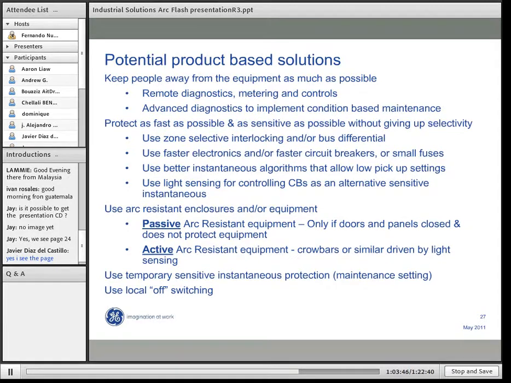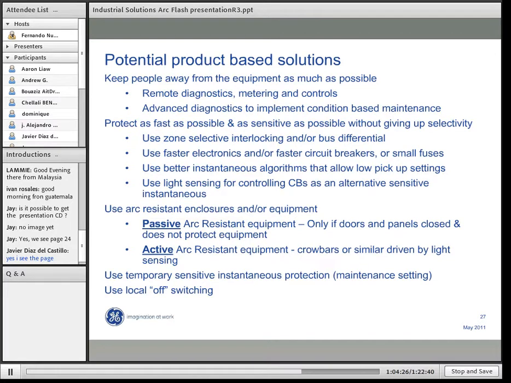In addition, you can use equipment such as arc-resistant switchgear, which diverts the hot gases from the arc flash up through chutes in the top of the equipment and outside of the room that you're in, maybe outside of the building, so that you're not exposed to the arc flash nearly so much. But that only works if the doors and panels are all closed, of course.